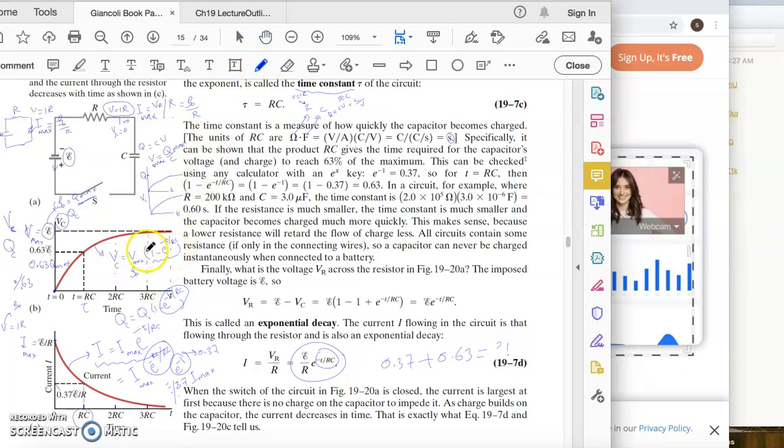Great. So this is the curve for the voltage across the capacitor in the charging process.